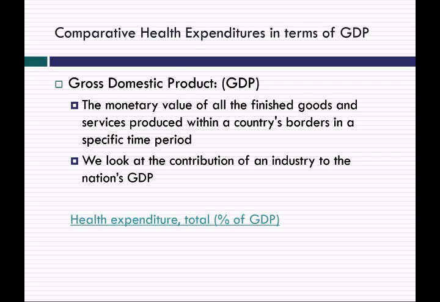Gross domestic product is the monetary value of all finished goods and services produced within a country's border in a specified time period. So within any given year, the amount of healthcare that's provided is considered a finished good and service. So we can look at the contribution of healthcare as an industry to the U.S. gross domestic product.